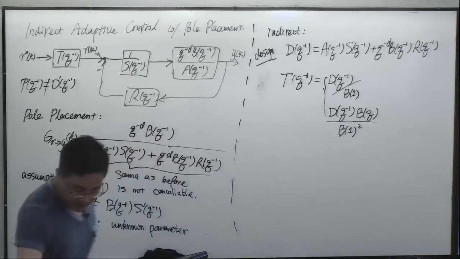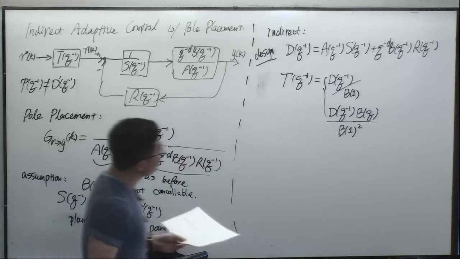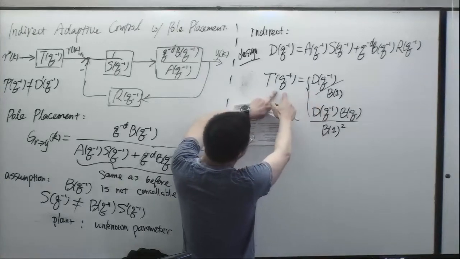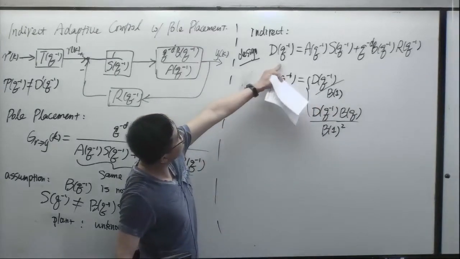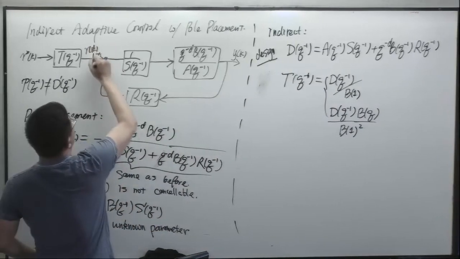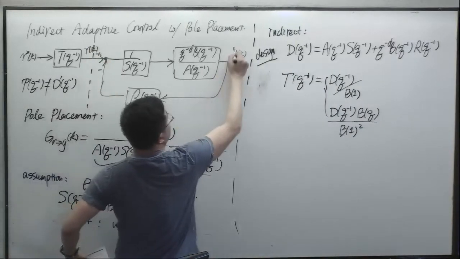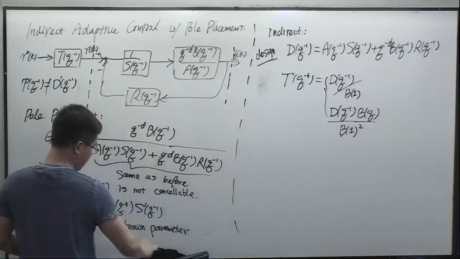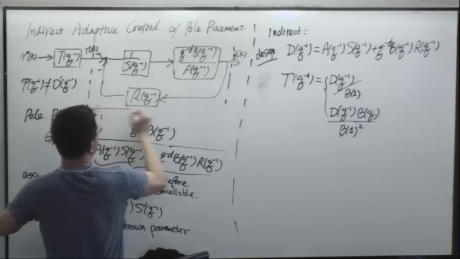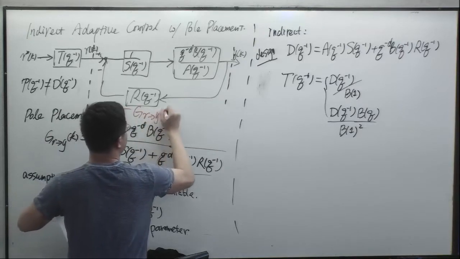I'm going to explain these a little bit. So T is designed to cover the entire closed-loop polynomial. All right, so from here to here, this is GR to Y.